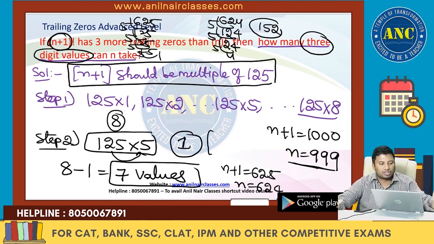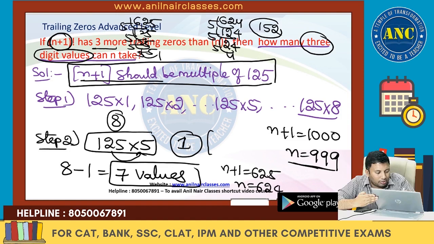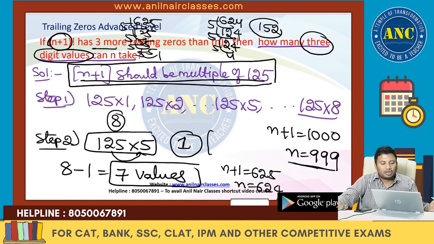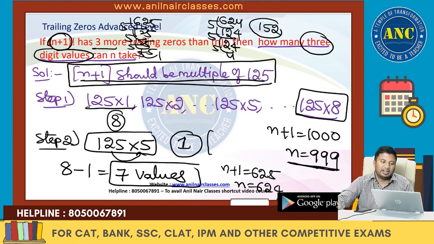Advanced level questions. 3 more trailing zeros. 3 more trailing zeros means n plus 1 should be a multiple of 125. 125 1s are till 125 8s are. n plus 1 is 1000, n will become 999, which is a 3-digit number. Eliminate the multiples of 5.